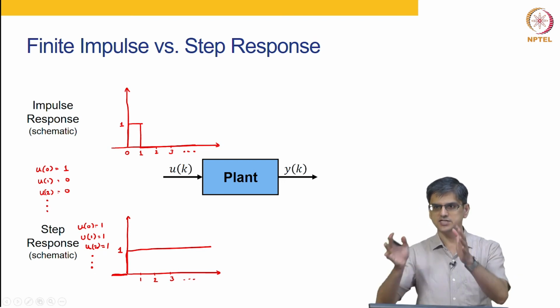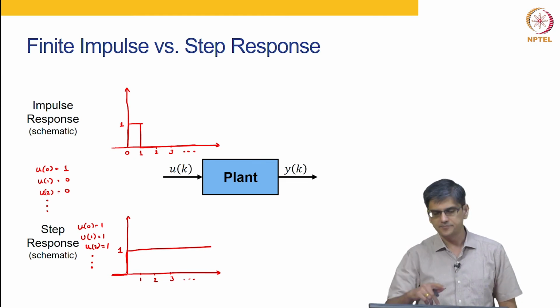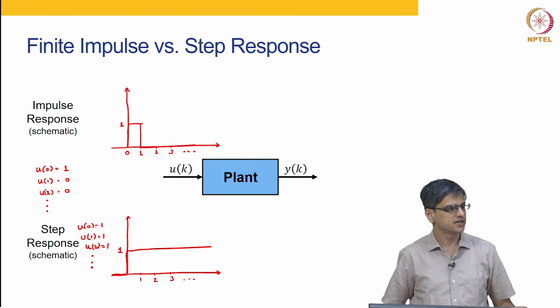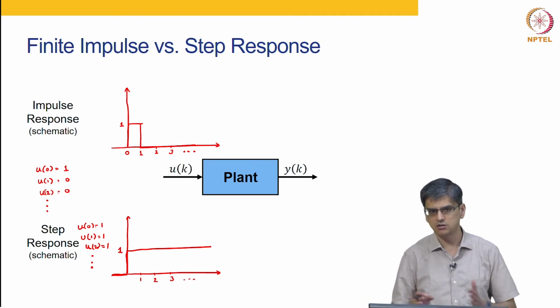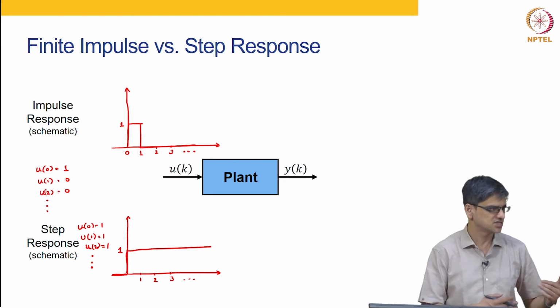What that means is, let us say you have a stirred tank heater, and you want to give an impulse or a step to the heating rate. Let us say the heating rate right now was 25. We are all talking about deviations from the steady state.